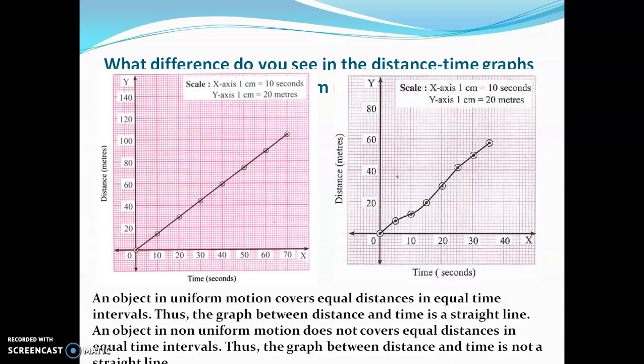Thus, the graph between distance and time is a straight line, whereas an object in non-uniform motion does not cover equal distance in equal time intervals. Thus, the graph between distance and time is not a straight line. Okay, so very simple. I hope you are clear about this. A straight line graph and a crooked, or you can say curved, graph that is not a straight line.